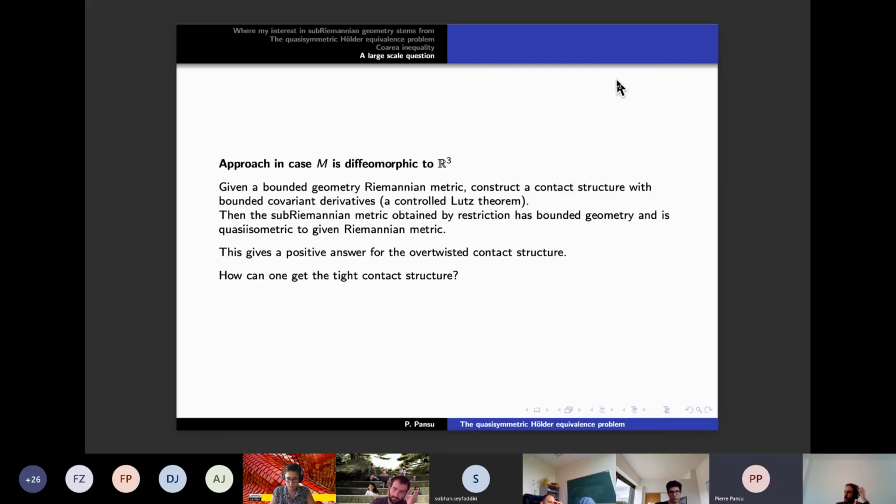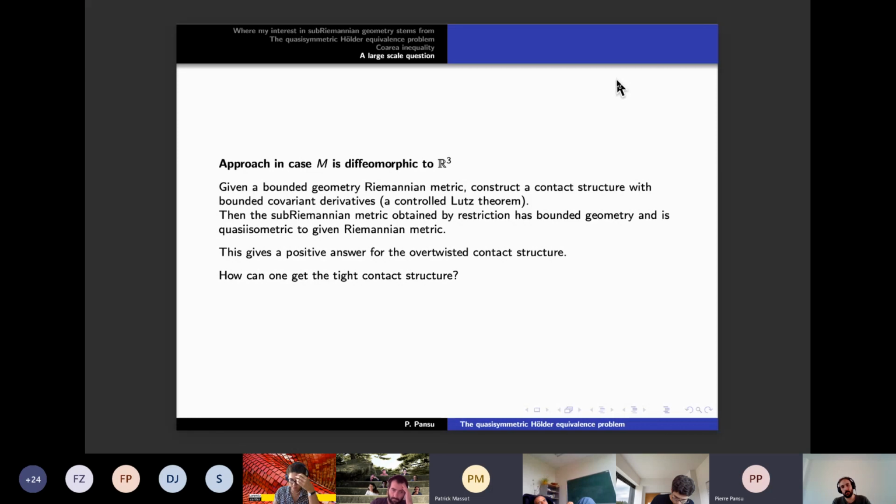So does this question make sense to you? Yeah, so I want to say you mean the unique contact structure which is over-twisted at infinity, because if you look at contact structures that are tight in the complement of a compact subset, then there are more of them.